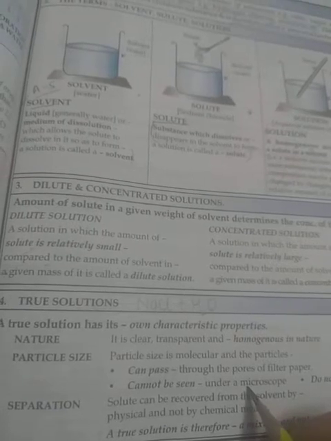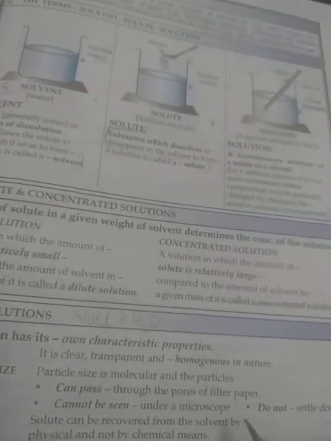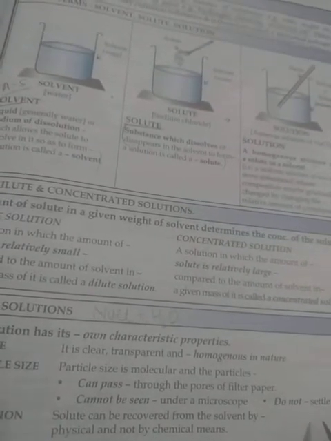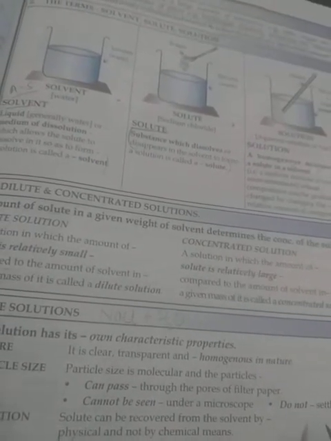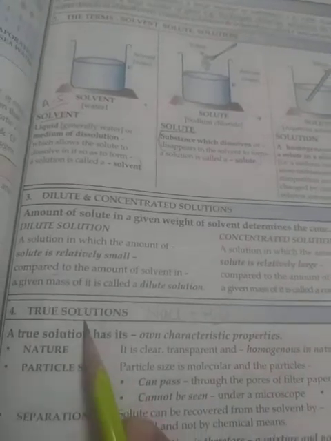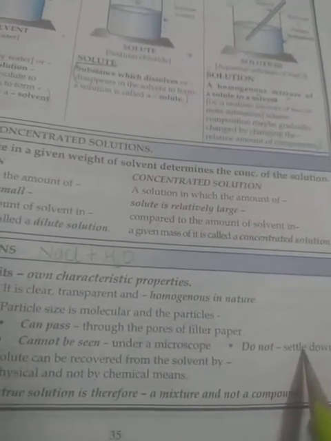If we try to see the particles under a microscope, we cannot, because the particle size is very small, and they do not settle down. Do not settle down means, suppose we have added sand in water. After some time we will see that the sand particles settle at the bottom. But in true solutions, the particles will not settle down at all.